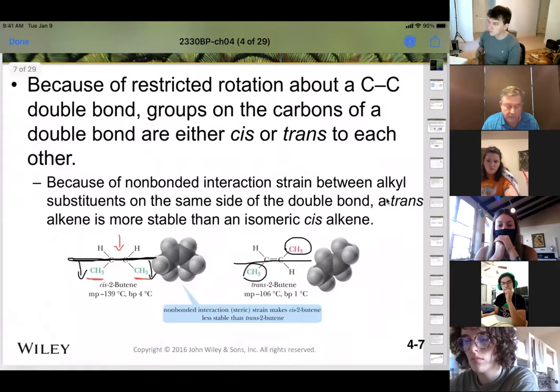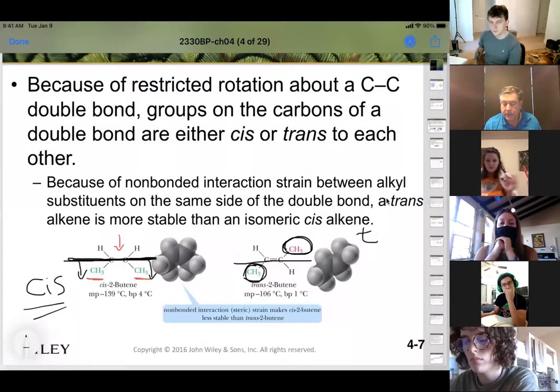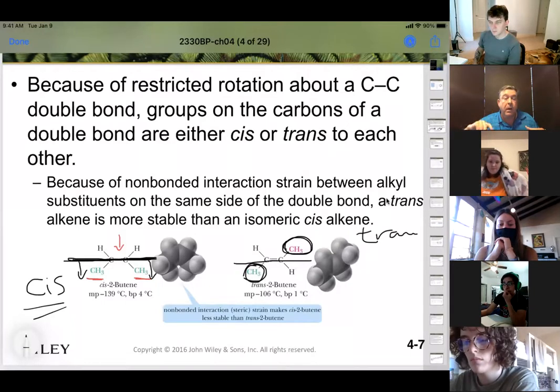When the two things are on the same side of the axis of the double bond, we call that cis. Cis meaning same. And when they are on opposite sides, it is trans, meaning opposite. So all double bonds with two substituents on them are either cis or trans.